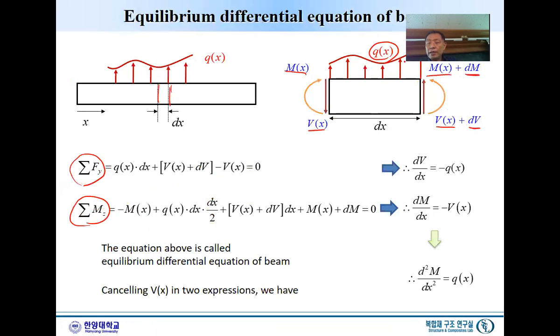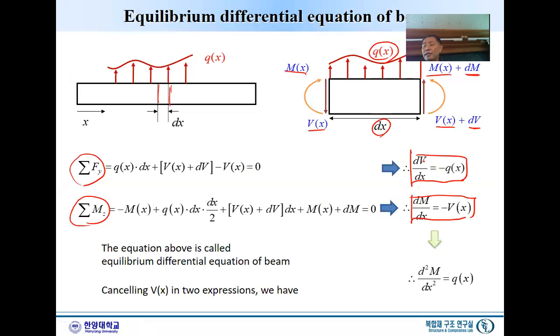So considering equilibrium on this part, corresponding to a length dx, we have this result, and moment equilibrium, this result. Well, you can go through, but let's skip that. This is the result.